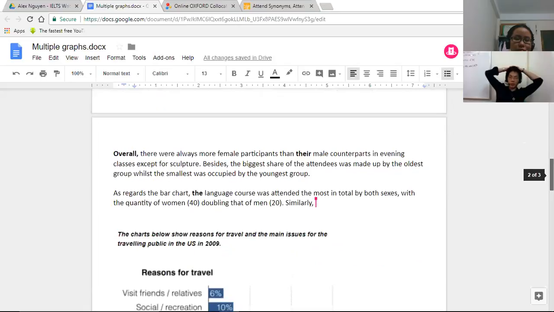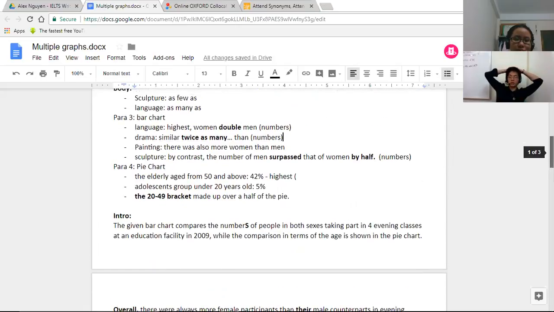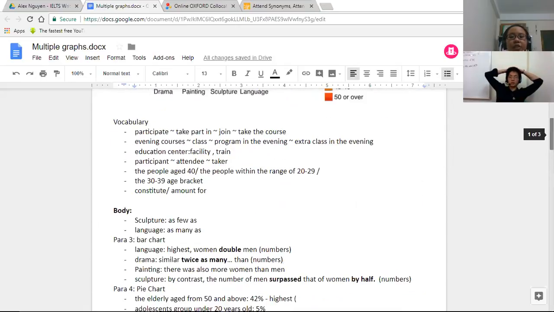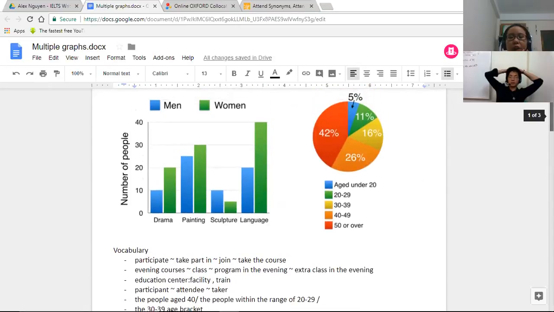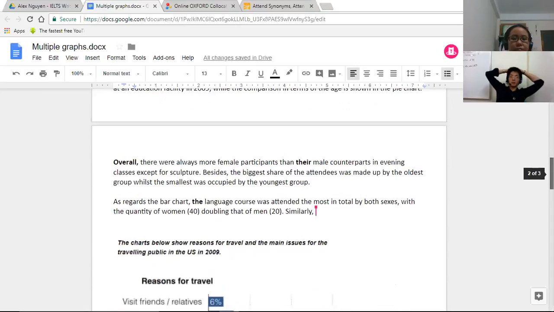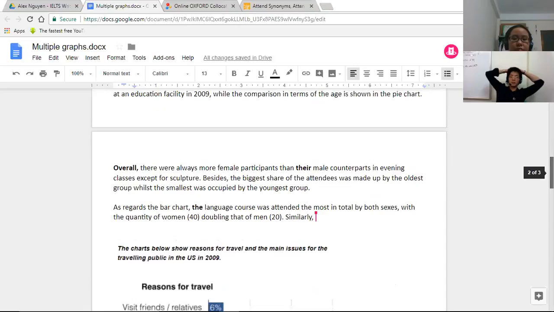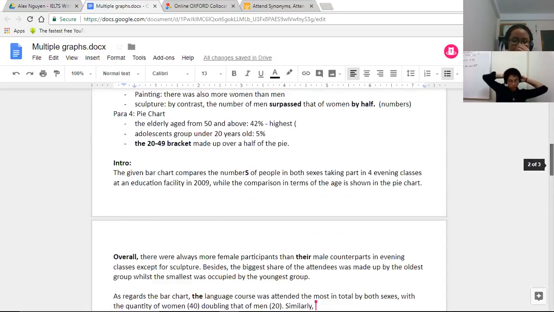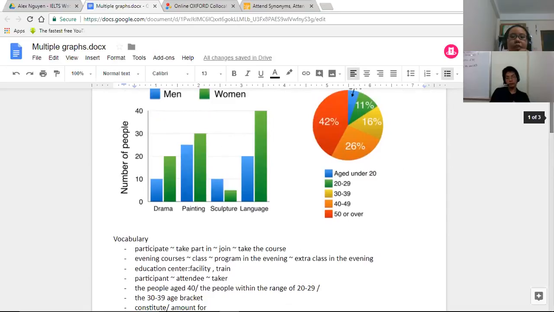I'm thinking they were twice as much. So actually we cannot use twice as much here because the number of people is a countable noun. So we have to use twice as many. Okay, so there are two models you can follow.